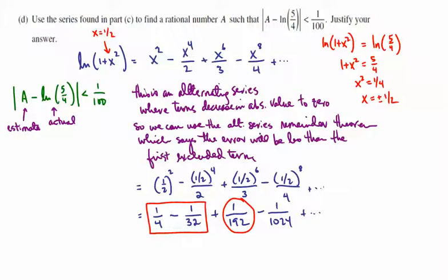So let's see if we work this out. We would need to multiply here top and bottom by 8. So we'd get 8 32nds minus 1 32nd is equal to 7 32nds.